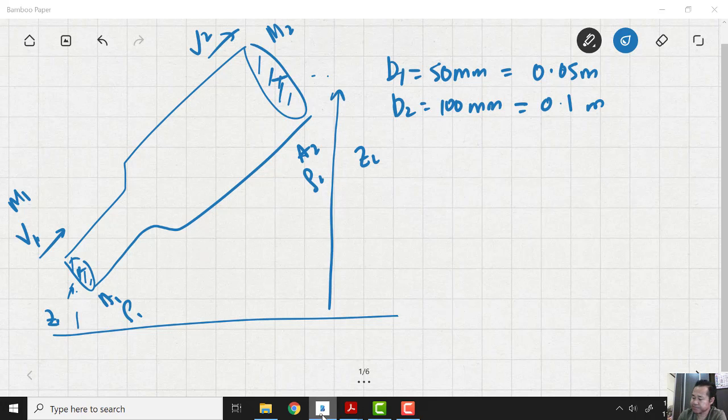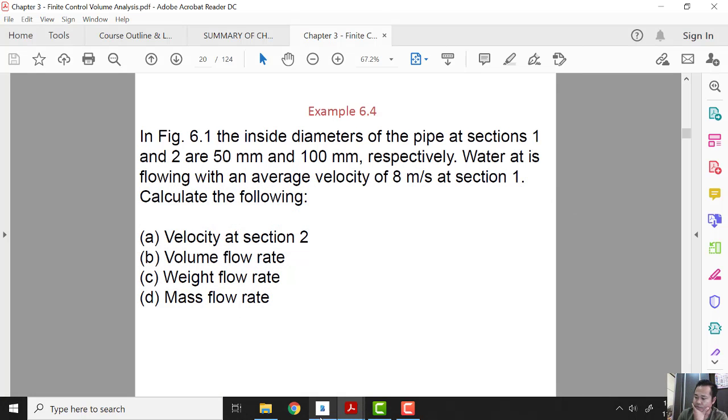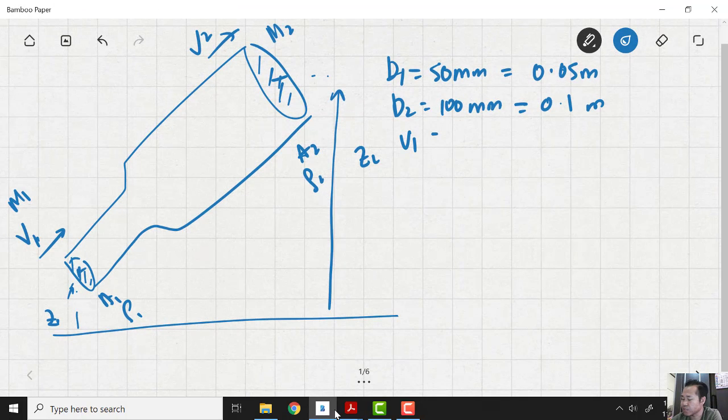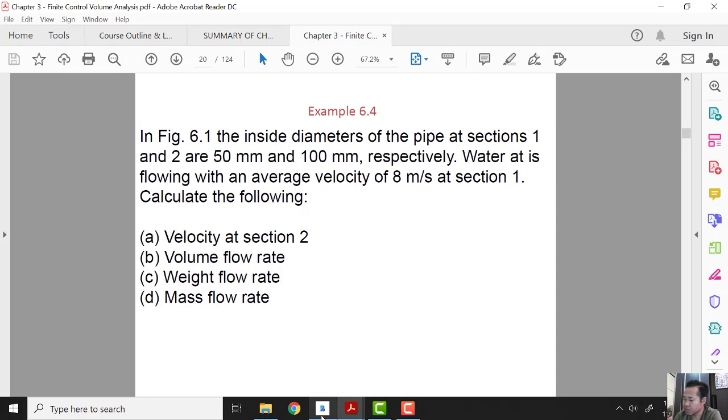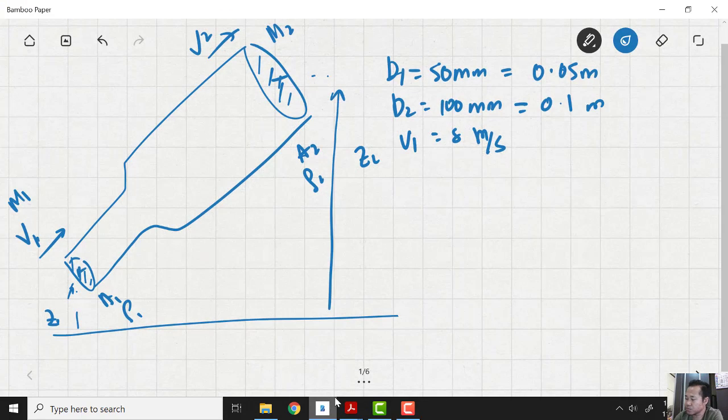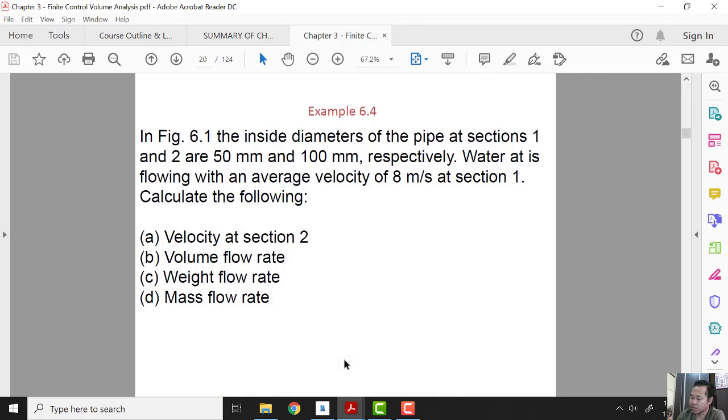And then we have water flowing with an average velocity of 8 meters per second at section 1. So we have V1 equal to 8 meters per second. They want us to find the velocity at section 2, and then the volume flow rate, weight flow rate, and mass flow rate.